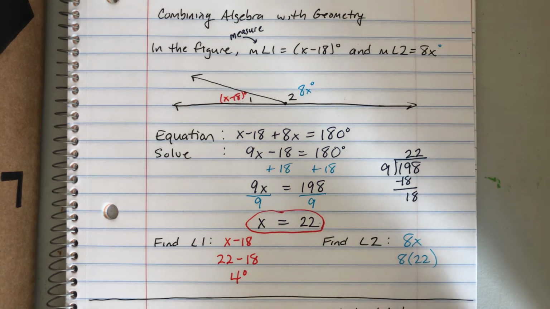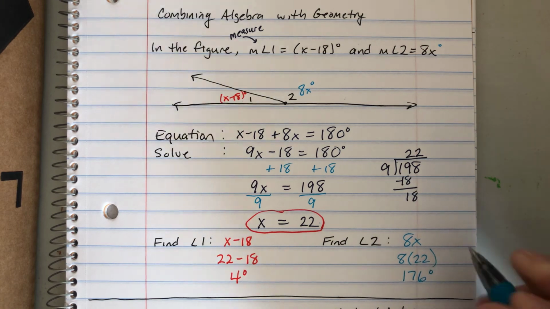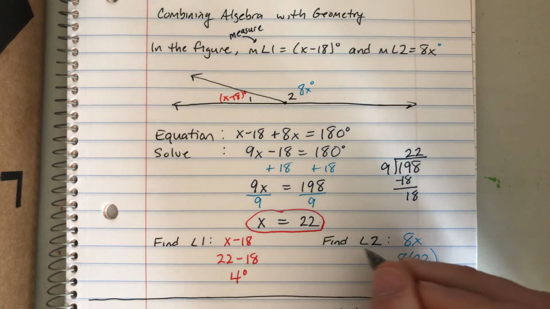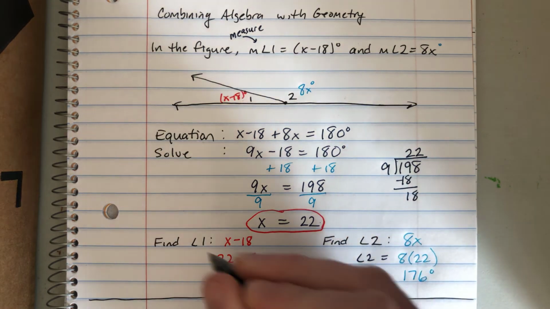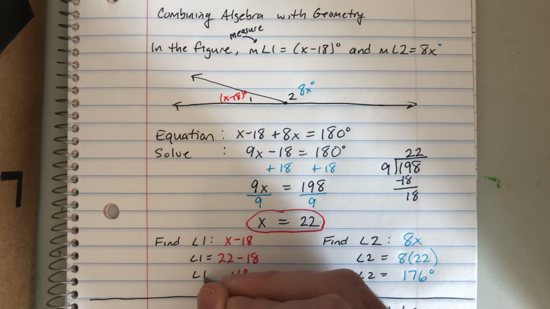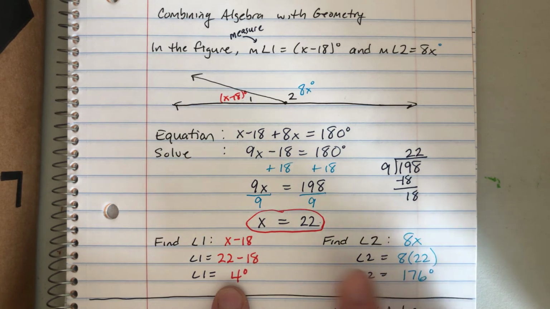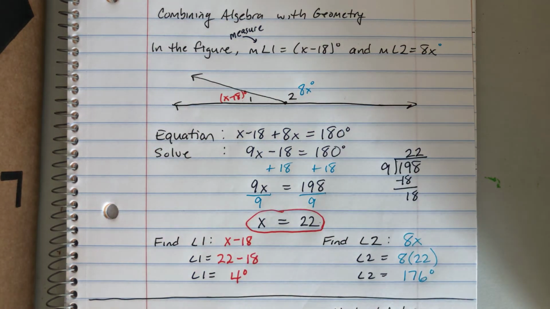And if you multiply 8 times 22, you would get that angle 2 will equal 176 degrees. And something else that you may notice is that these two add up to equal 180 because they create that straight line.